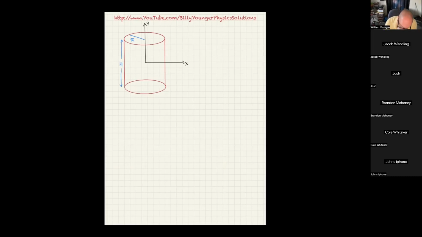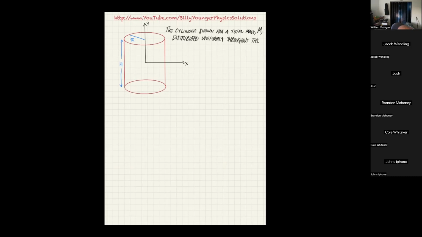And I am going to say the cylinder shown has a total mass M distributed uniformly throughout the cylinder.